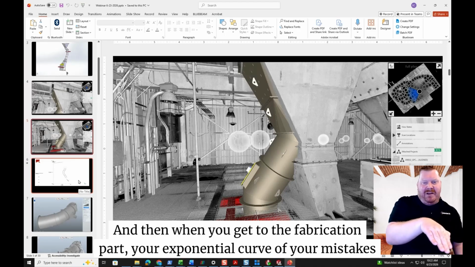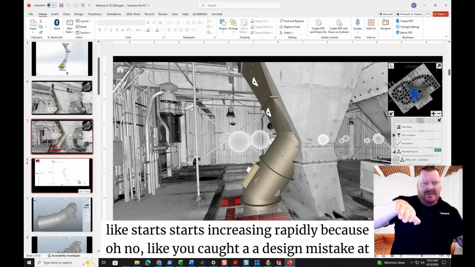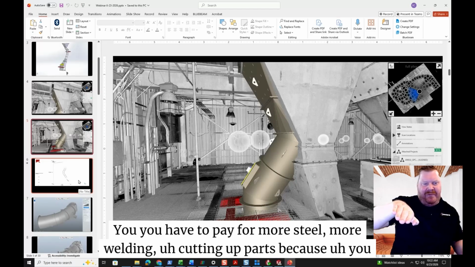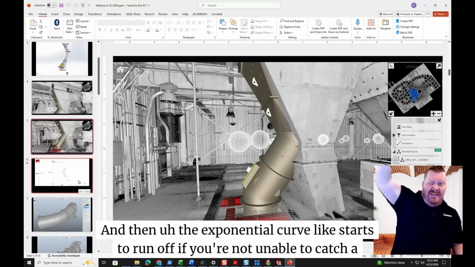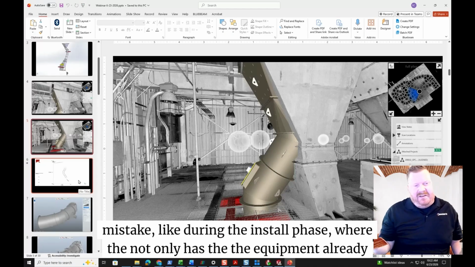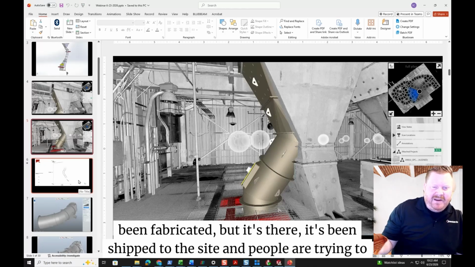Then when you get to the fabrication part, your exponential curve of mistakes starts increasing rapidly, because you caught a design mistake at that point and you have to pay for more steel, more welding, cutting up parts. And then the exponential curve runs off if you're unable to catch a mistake until the install phase, where the equipment has not only been fabricated but shipped to the site and people are trying to install it.